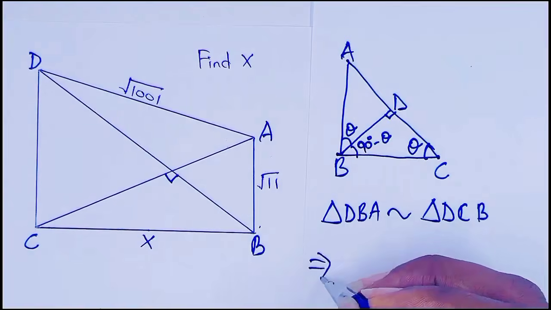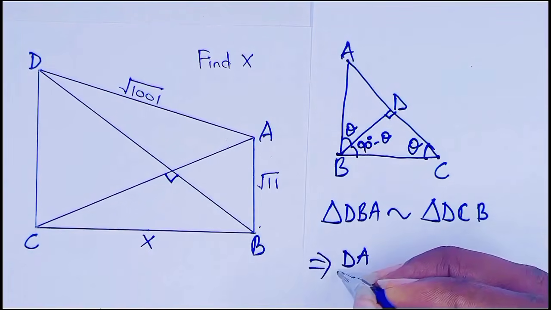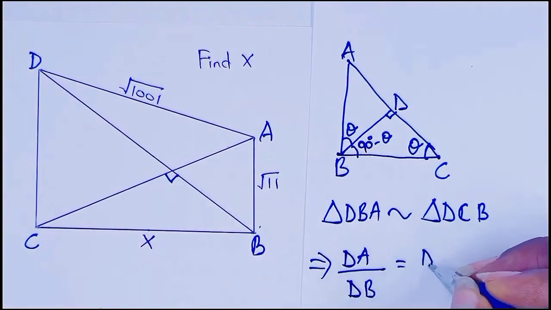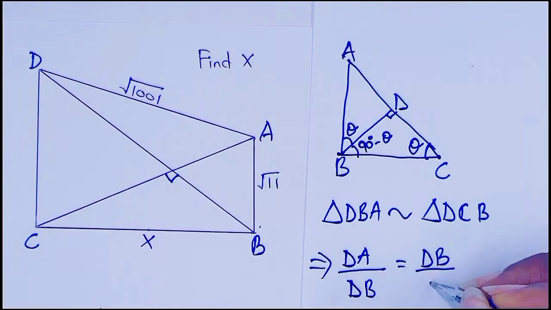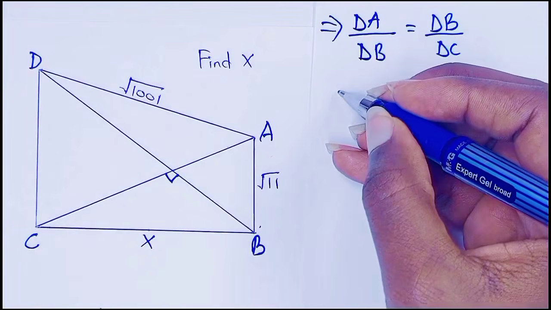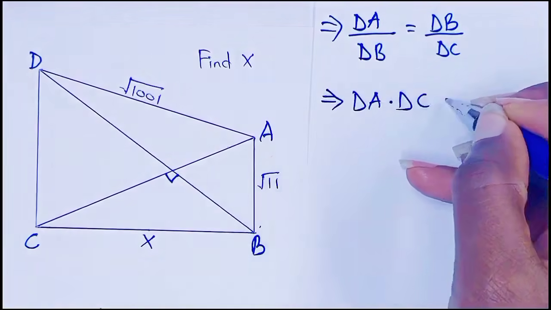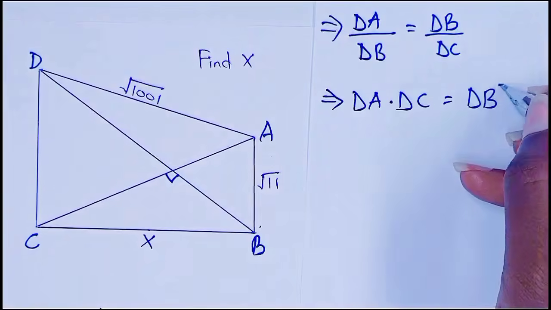So this implies that DA over DB is equal to DB over DC, which implies that DA times DC is equal to DB squared.